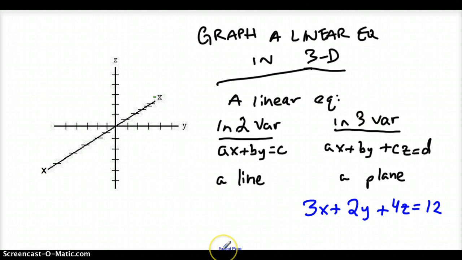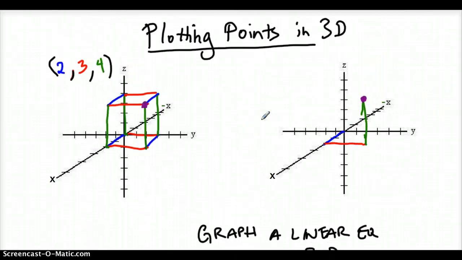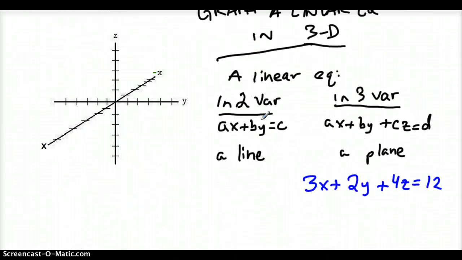Just like with two variables, if we plugged in 0 for x, we could solve for y. Well, if we plug in 0 for x and y, then in this case we can solve for z.